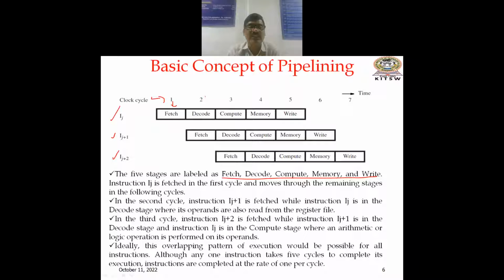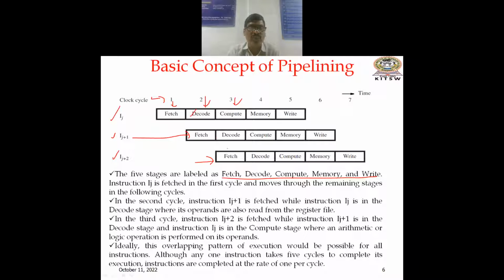In the second clock cycle, the instruction Ij plus 1 is fetched while the instruction Ij is in the decode stage, where the operands are also read from the register file. In the third clock cycle, the instruction Ij plus 2 is fetched, the instruction Ij is in the compute stage and Ij plus 1 is in the decode stage.